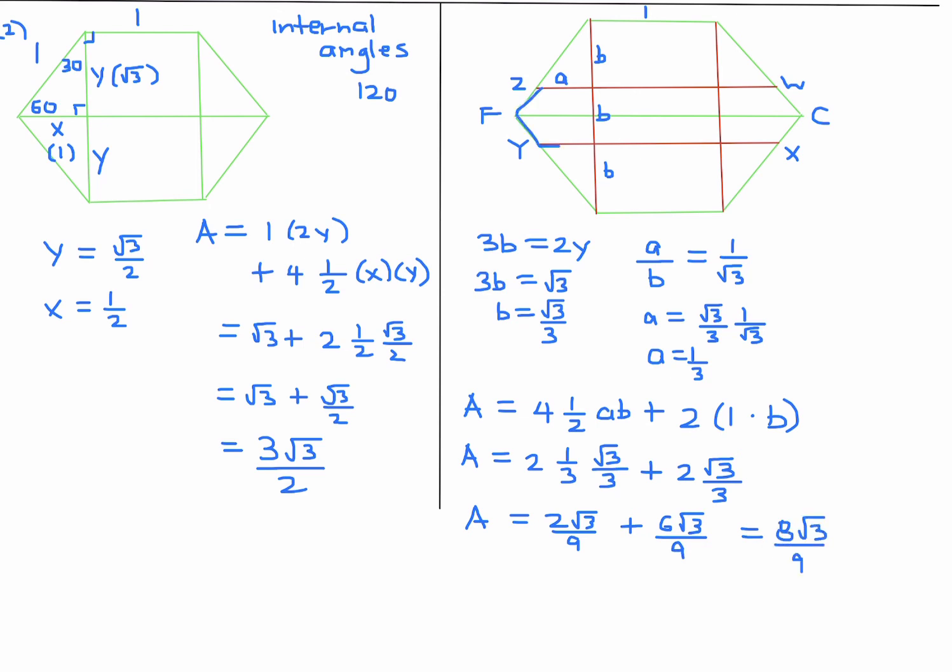Okay, so now I'm ready to figure out that middle portion. That middle portion, WCXYFZ, is the entire one, which is that. So 3 root 3 over 2 minus what I just figured out here, so minus 8 root 3 over 9.